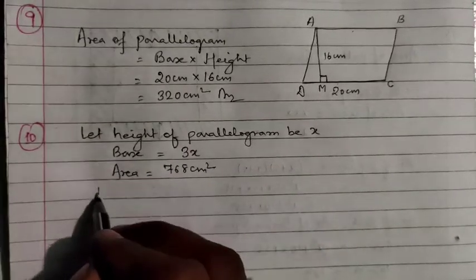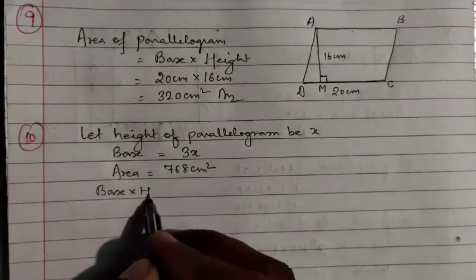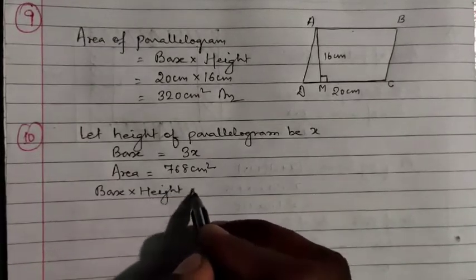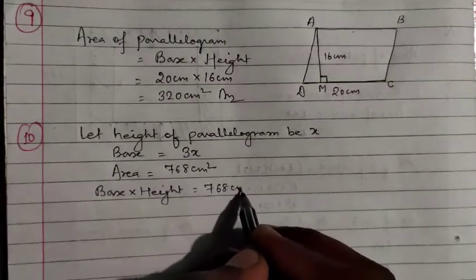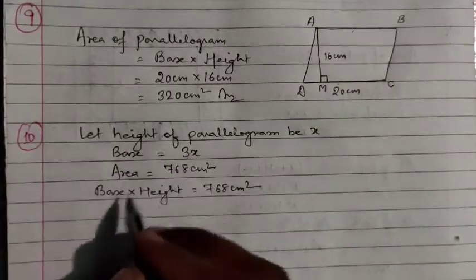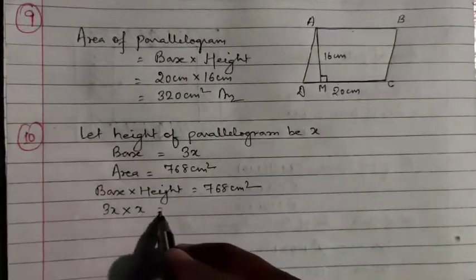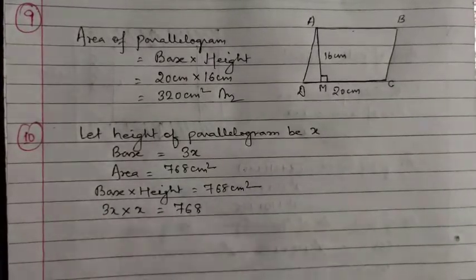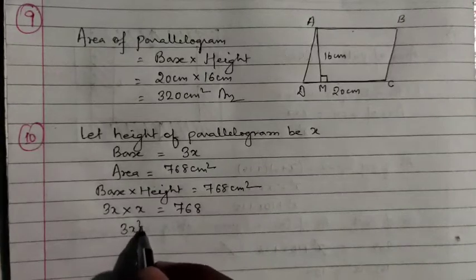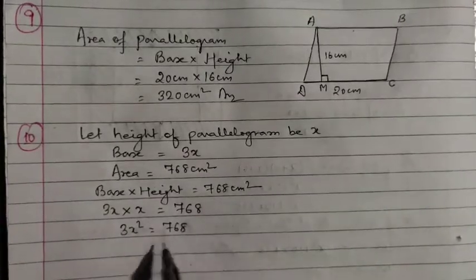For area we know that the formula is base into height is equal to 768 centimeter square. Base with respect to x it is 3x. Height with respect to x it is x. It is 768. 3x into x, it will be 3x square is equal to 768.